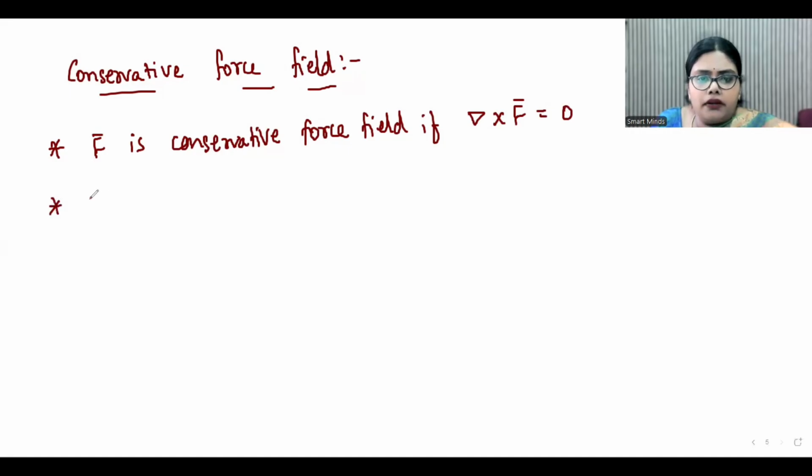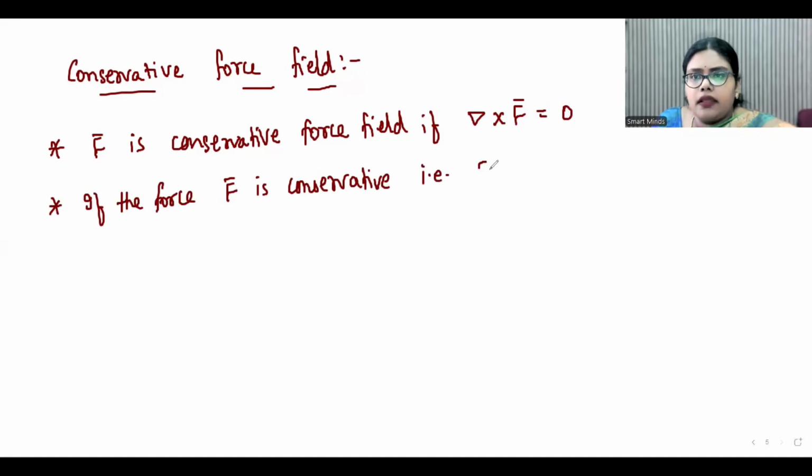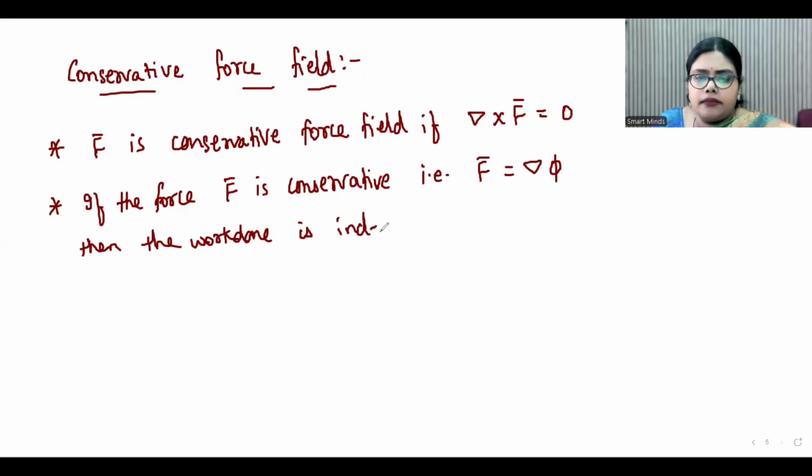Now take the next point. If the force F bar is conservative, that is F bar is equal to del phi, then the work done is independent of the path and vice versa.